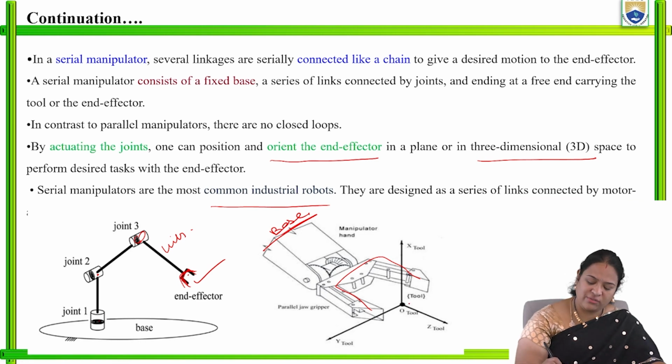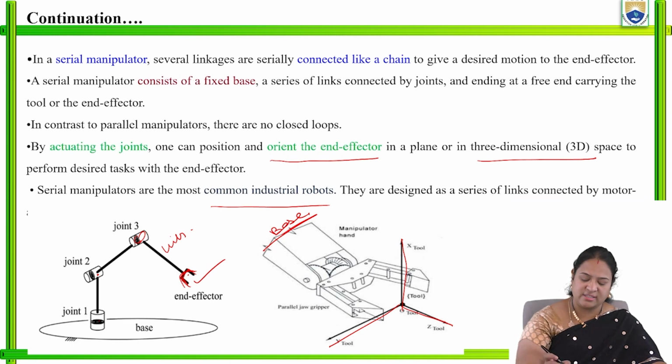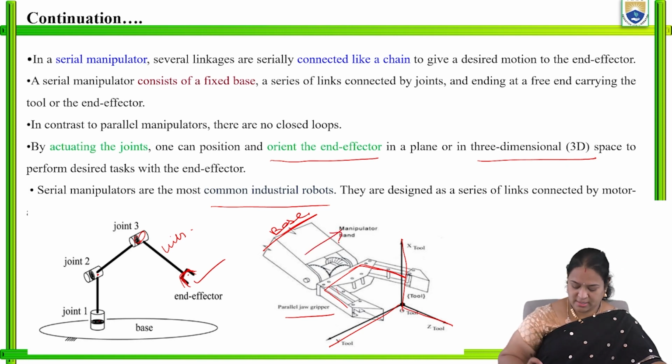So here, the movement of the robot's end effector will be done in the x direction, y direction, as well as the z direction, where this jaw gripper is placed in a parallel constraint, and this is the manipulator head, right? And this is the manipulator head which we have.